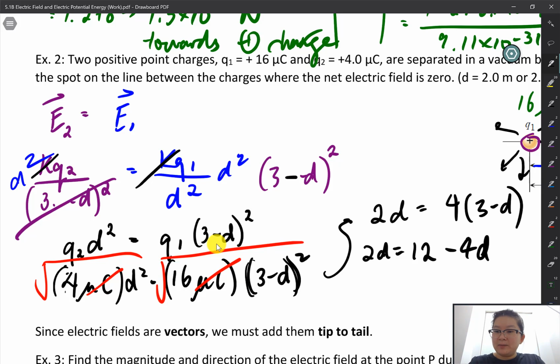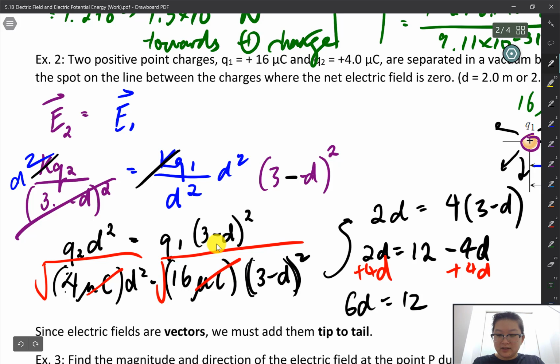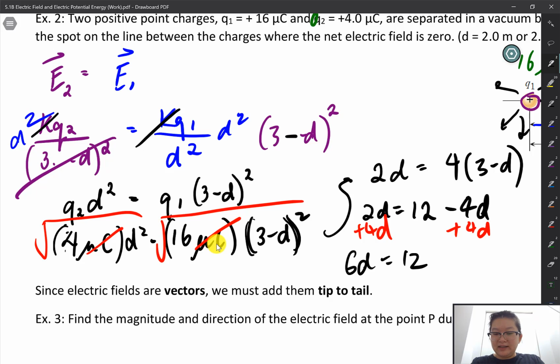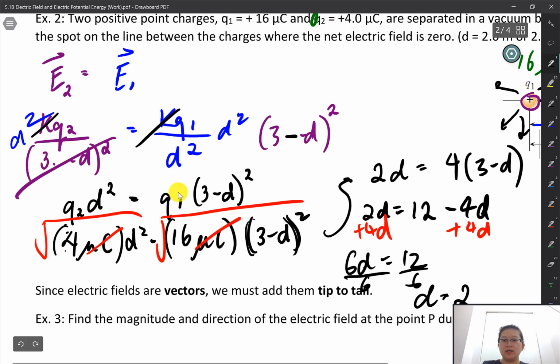If I do a little bit of algebra here, add the 4d to both sides of the equation, then I get 6d is equal to 12. Ultimately, this gives me 12 divided by 6, and so d is just equal to 2.